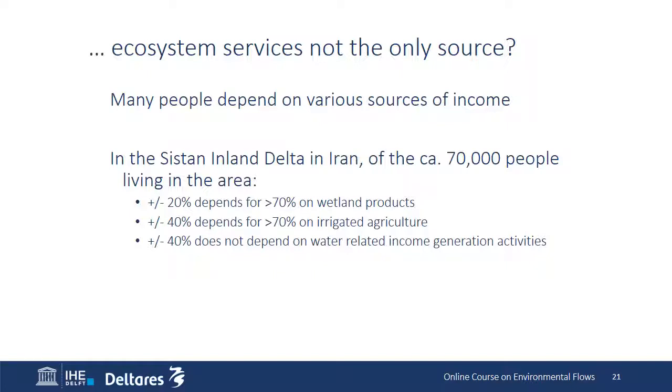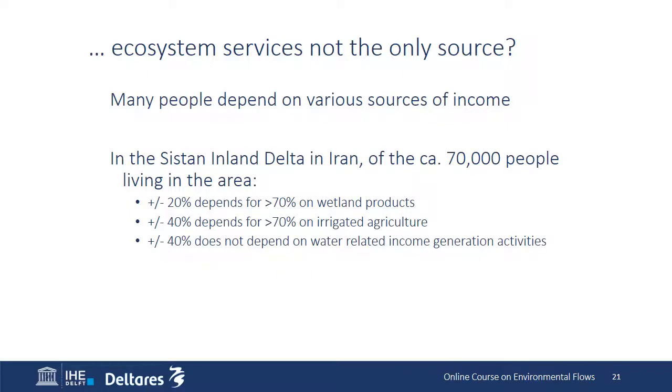Another 40% depended for more than 70% of their income on activities related to irrigation. And another 40% did not in the first place depend on water-related income strategies. So I think it's good to look at to what extent wetland or environmental flow related activities provide income, and to what extent people have other sources of income.